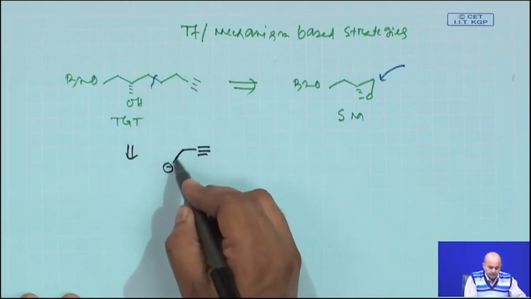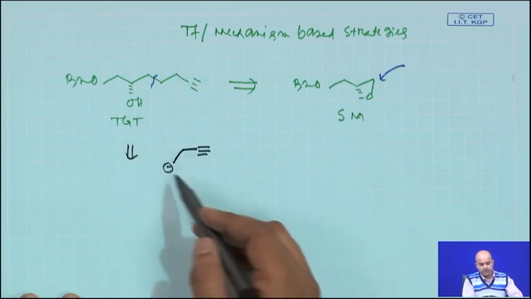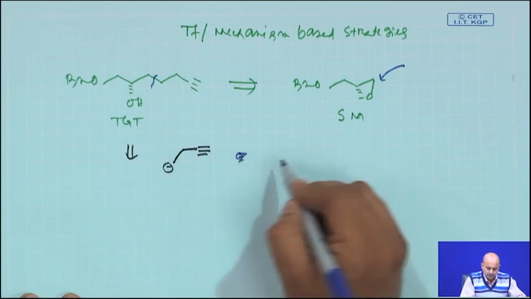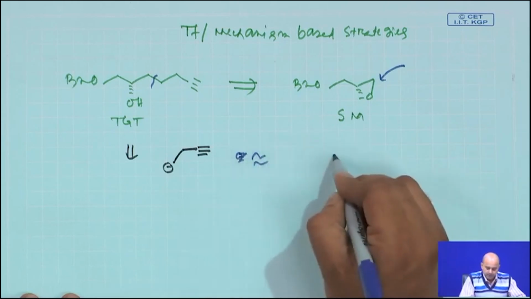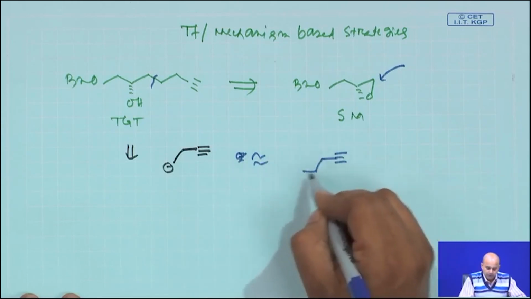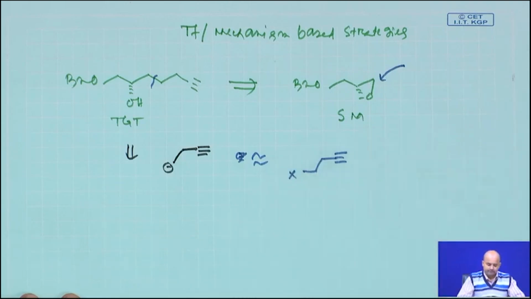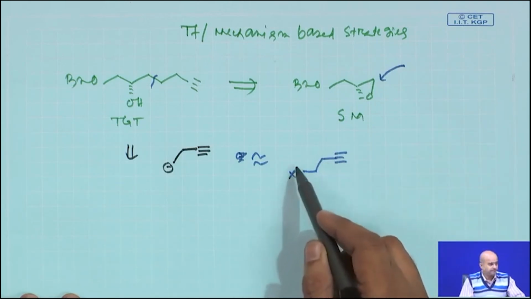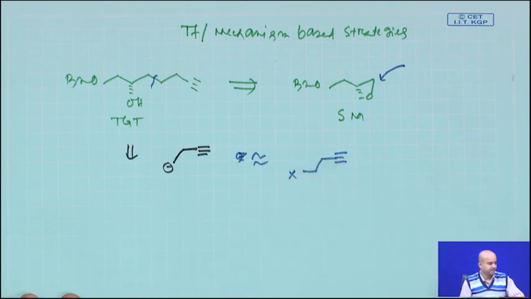If something like this CH2 minus you can have in your lab, or maybe this compound is basically equivalent to a triple bond CH2X. It is basically a homopropargyl kind of bromide or alkyl halide.